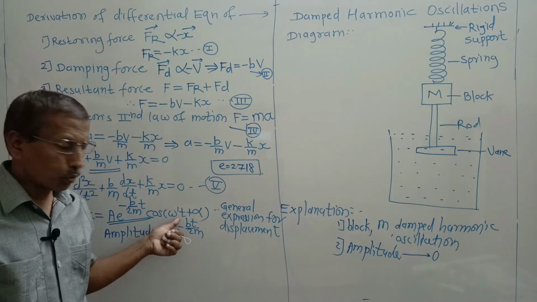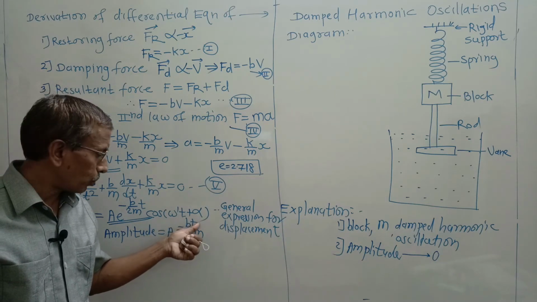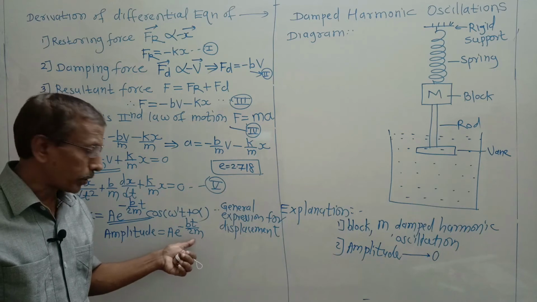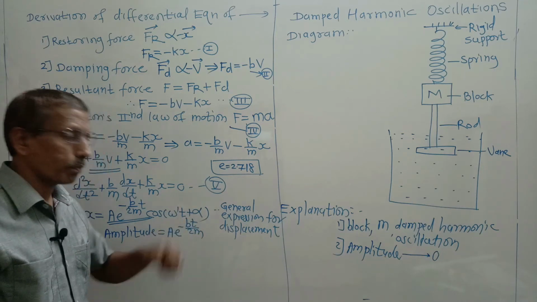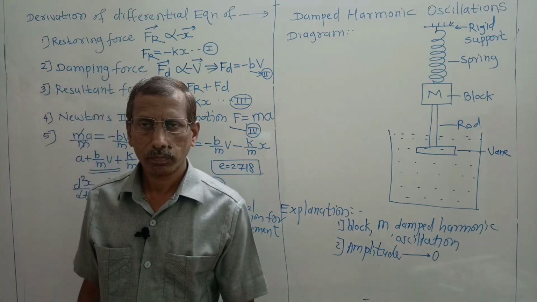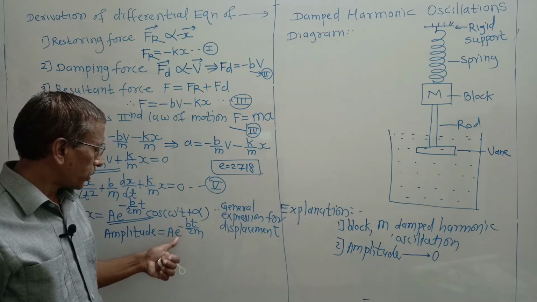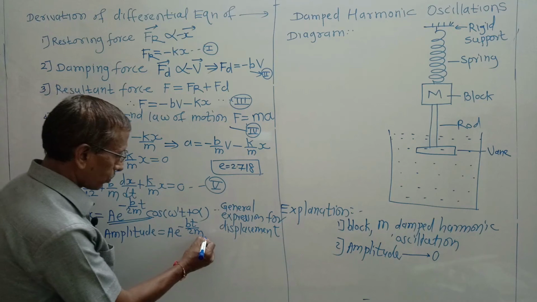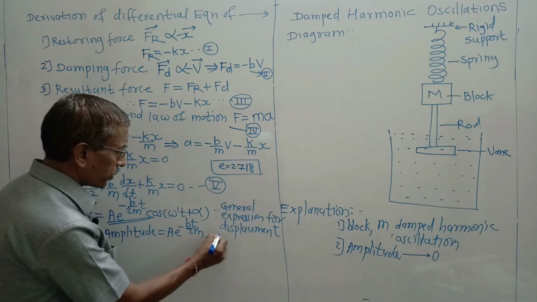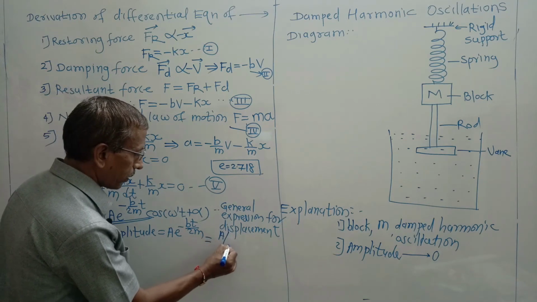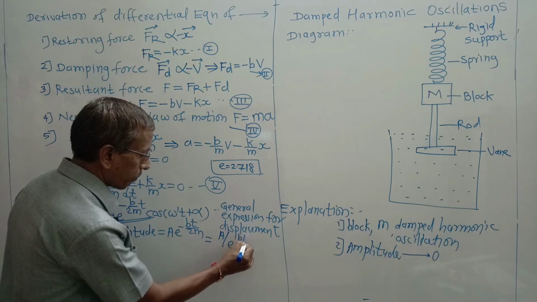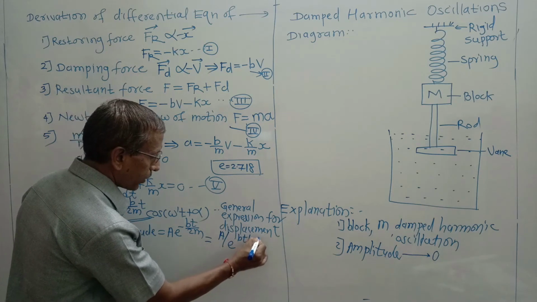b is positive, t is positive, 2m is also positive, so bt divided by 2m is a positive term. So this amplitude is equal to a divided by e raised to bt divided by 2m.